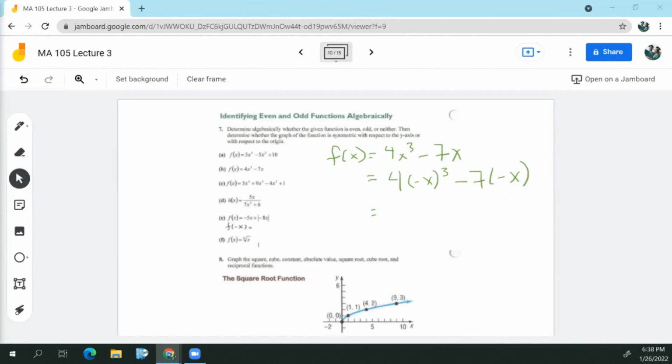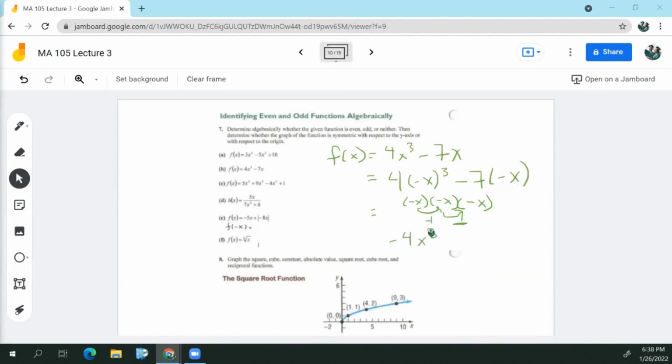We've got negative x cubed. That means I got negative x times negative x times negative x, 3 times. Now, if I do negative x times negative x, that means it's positive. But if I multiply by another negative, that turns it back negative. So my final answer would be negative 4x cubed.